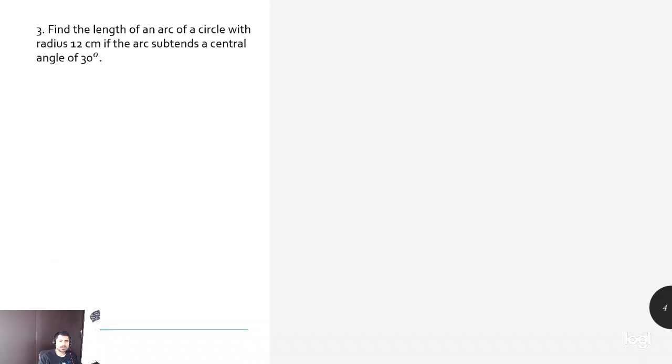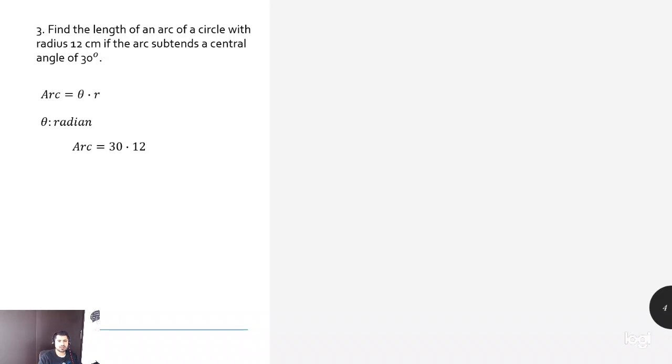Number 3. Find the length of an arc of a circle with radius 12 centimeters if the arc subtends a central angle of 30 degrees. So you need to go to the formula. The arc is equal to theta times radius. The theta is already in radians, but actually you can take it in degrees as we have.